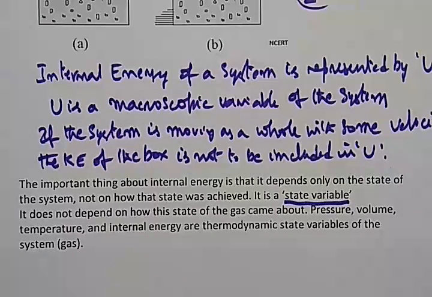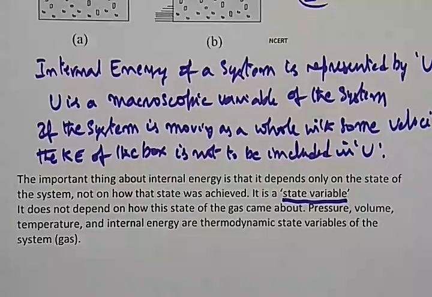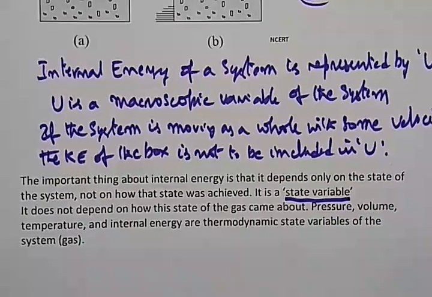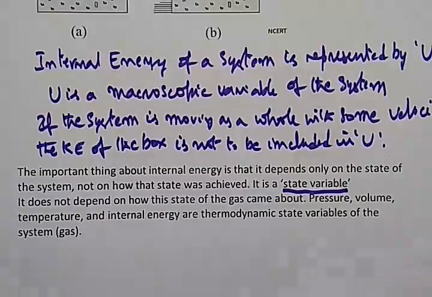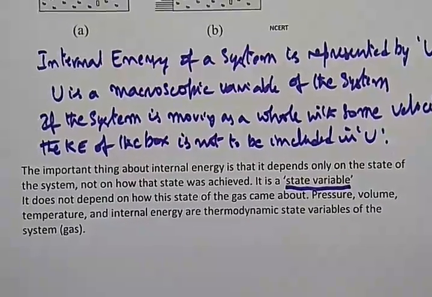Similarly, if you take a gas or other systems, pressure, volume, temperature are also considered as state variables only. How has temperature come? By heating something? No, we are not interested in when it is increasing or decreasing. At a particular state, what is the value? Based on those measured values, we will do some calculations.